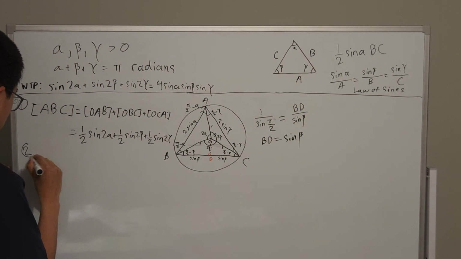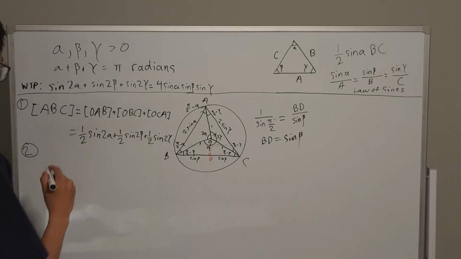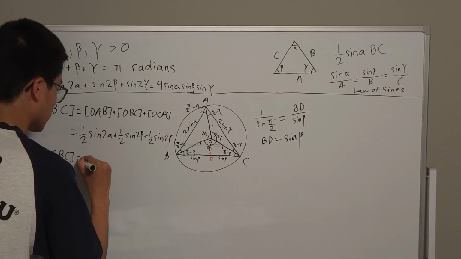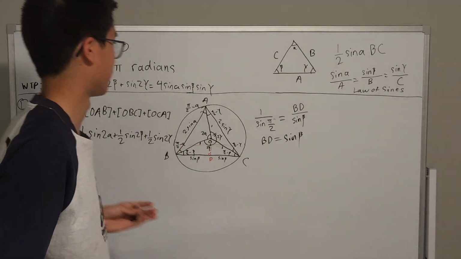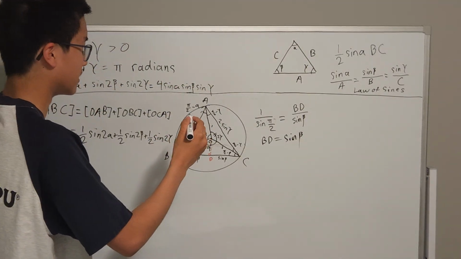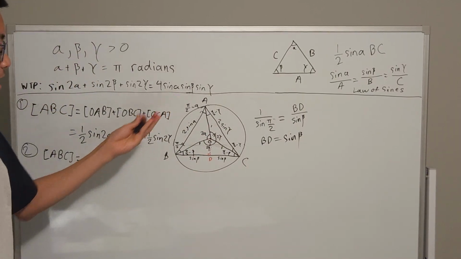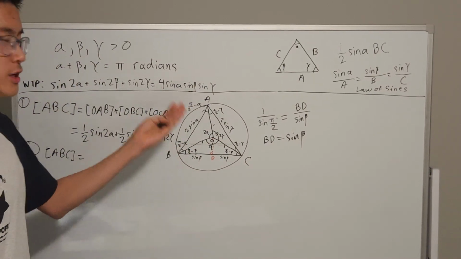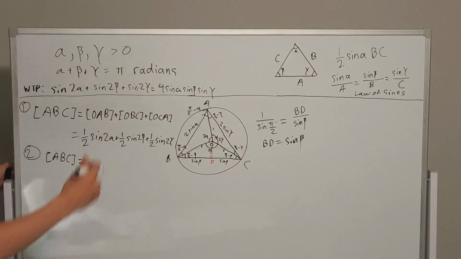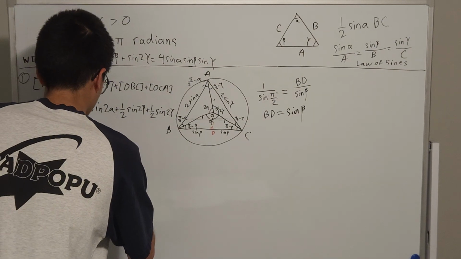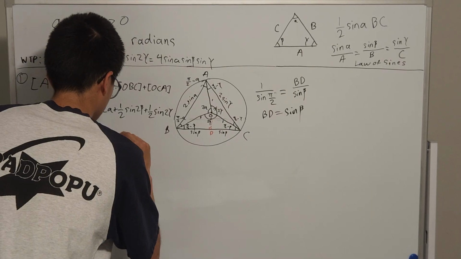Now the second way to calculate the area of triangle ABC is using the exact same formula up here, except we will be doing it on, let's say, angle BAC. It works for any angle right here. You can do it on ABC, you can do it on ACB, but let's just do it on angle BAC. So this will equal half sine.